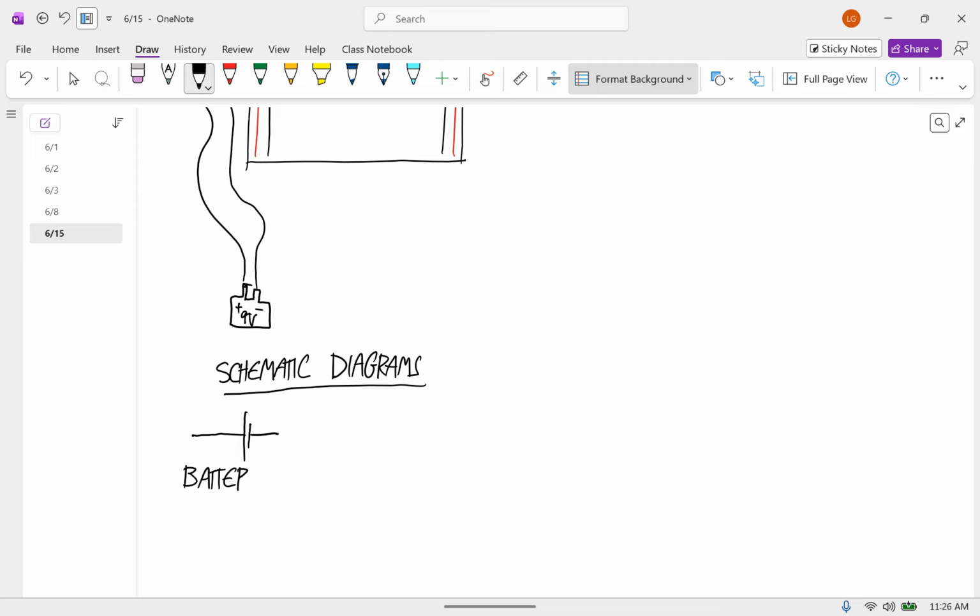All of these you can turn sideways or at any angle. And the meaning of the long is this is the positive side, and the short is the negative side. Sometimes you'll also see it given as a series of long and short. So you'll see a battery given like this.